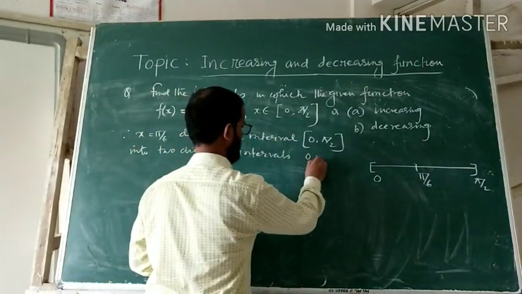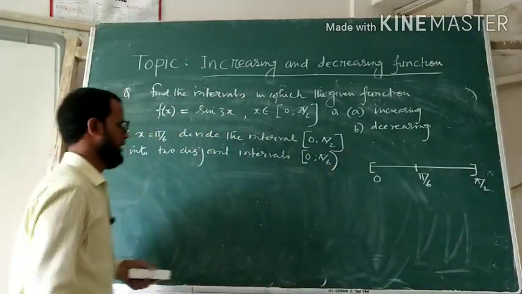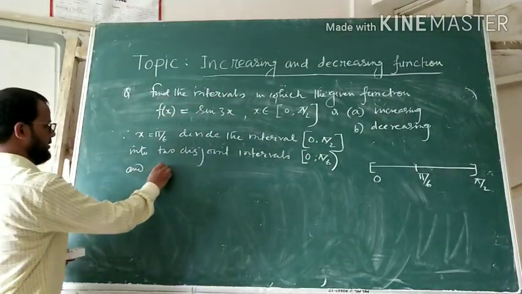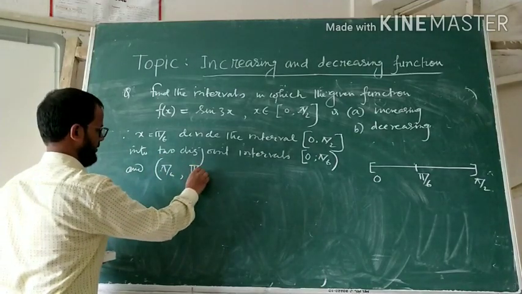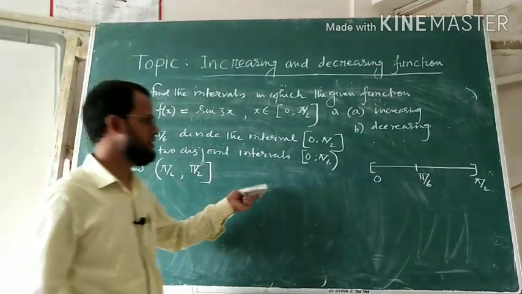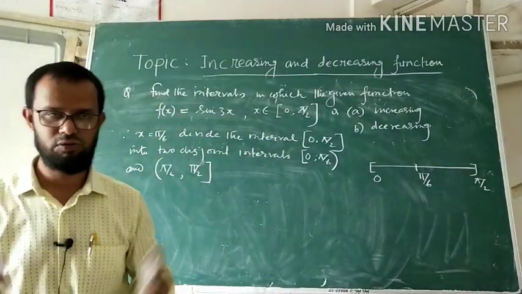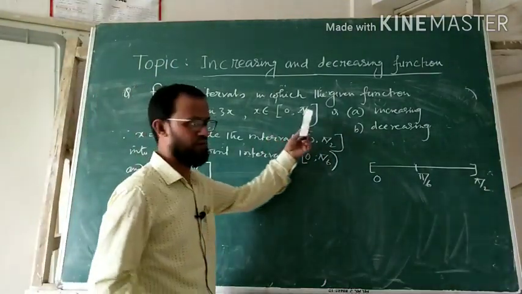One is 0 to pi by 6, this side closed, this side open, and another is pi by 6, this is open, to pi by 2, this side is already closed. So these are the two intervals, our critical point divides the whole domain. Okay, whole domain is the first quadrant 0 to pi by 2.